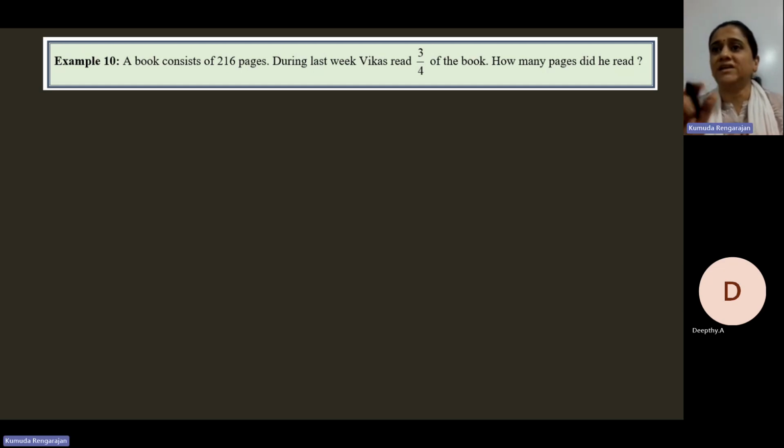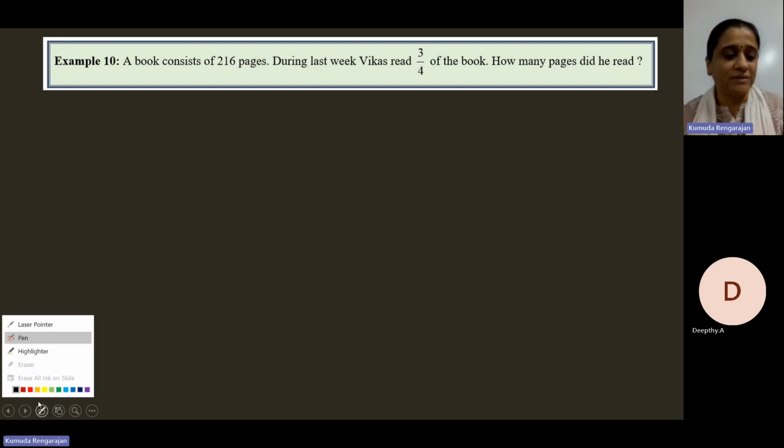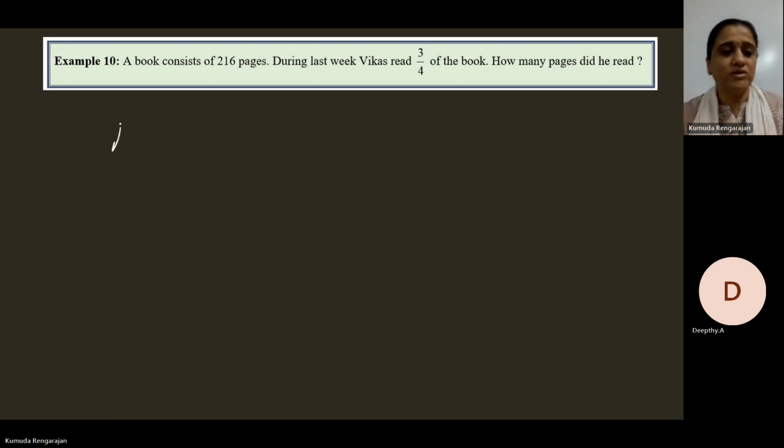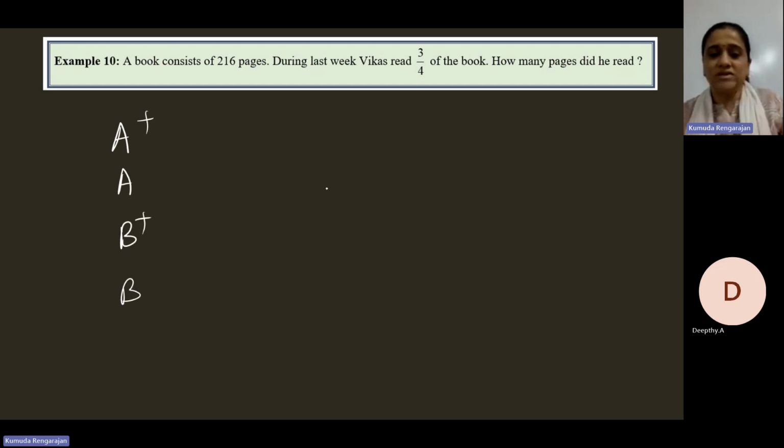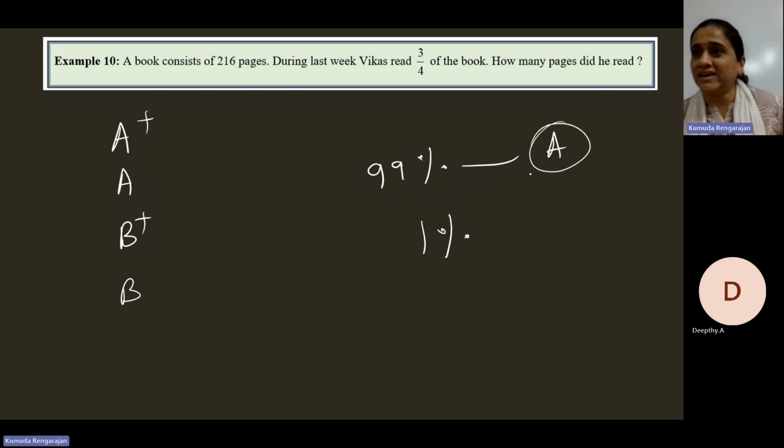So 100 minus 99, 1% of the class maybe have got A plus also. So the remaining is 1% because 100 minus 99%. Supposing the grades are A plus, A, then B plus, B, and so on. The teacher says 99% of the class has got grade A. So you belong to this A grade, and you want to know that the remaining 1% should be below A, because you want to be one among the toppers.